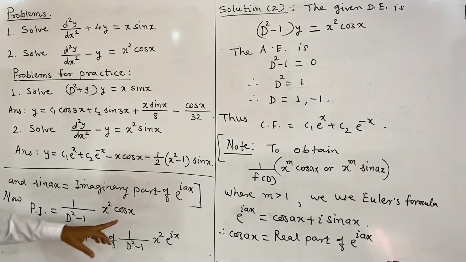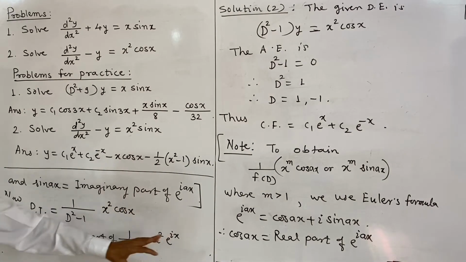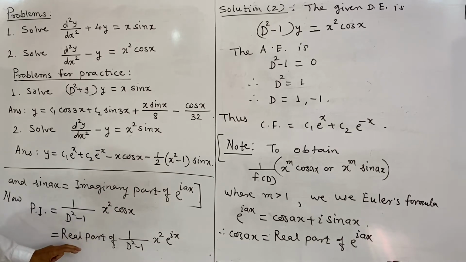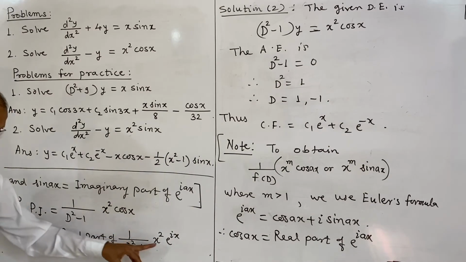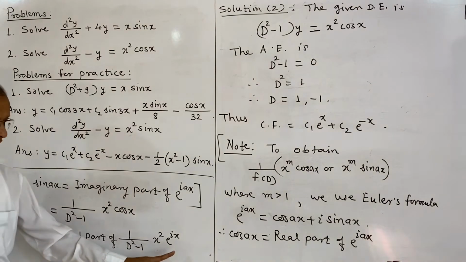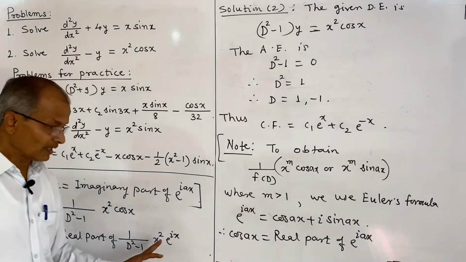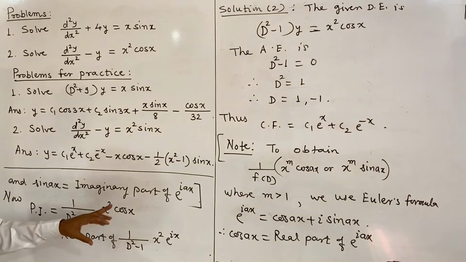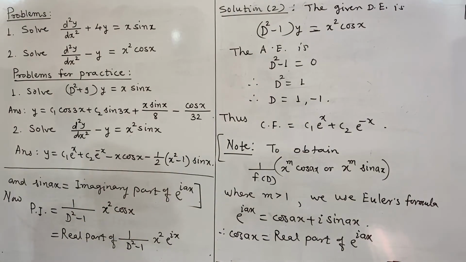We have converted this cos in terms of the exponential function using the Euler formula, and that we should note. Cos x will always be the real part, and the sin term will be the imaginary part.